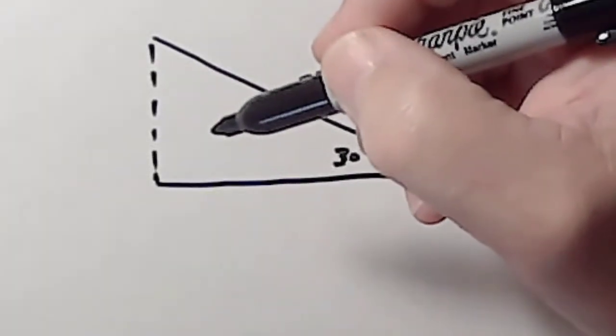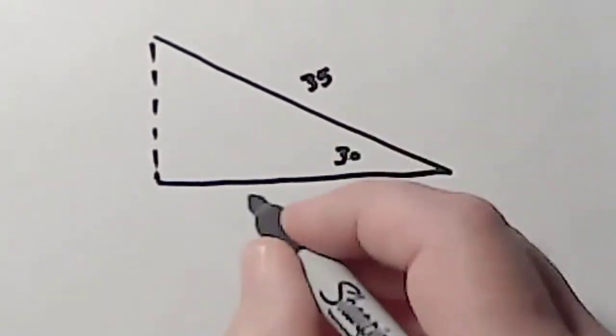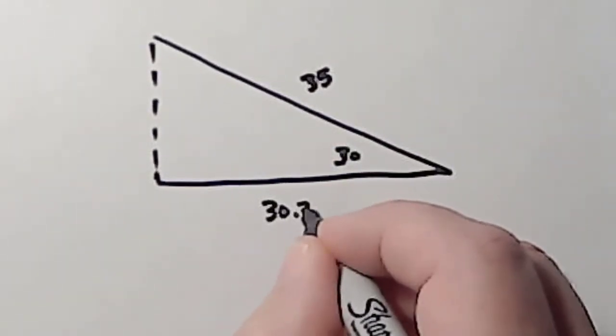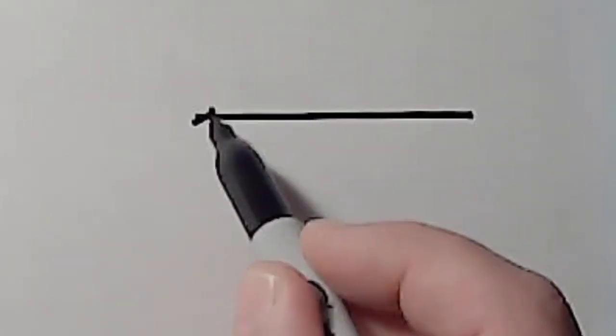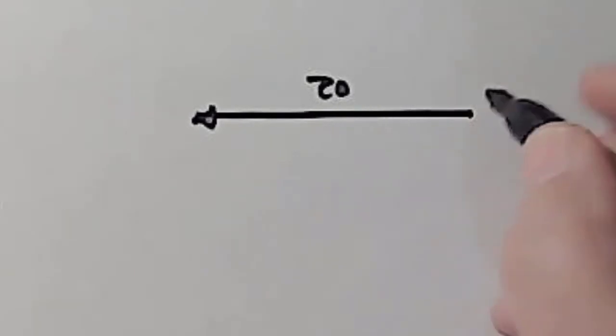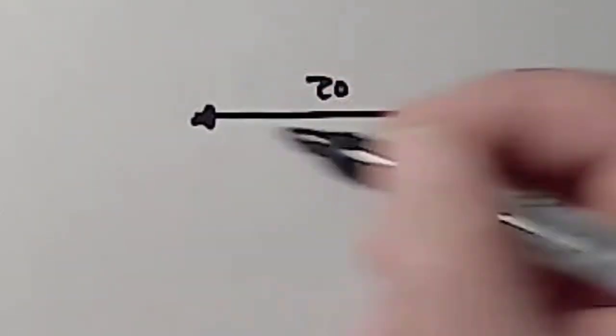So these two legs are 30.3 and 17.5. And then finally, the last leg is 270, or purely horizontal. So that's already in its x component. There's nothing else to calculate.